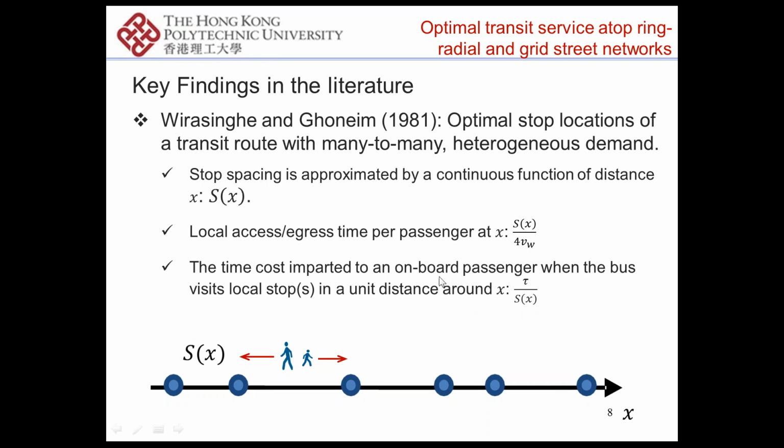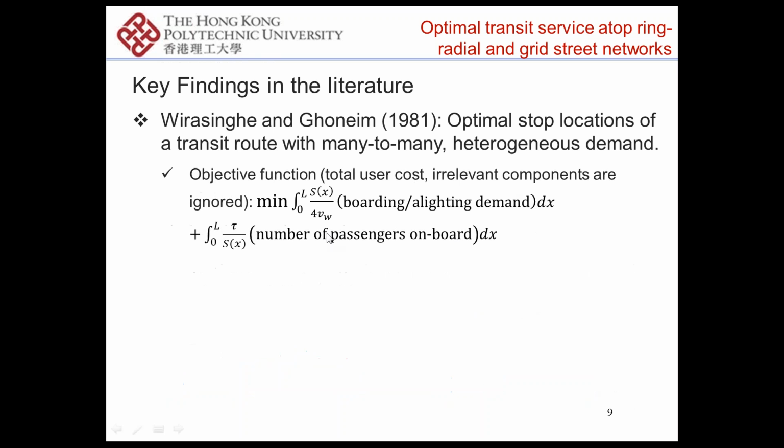An objective function can be written as an integral. So this is the objective function to minimize the total user cost, but here we ignore all those irrelevant components.